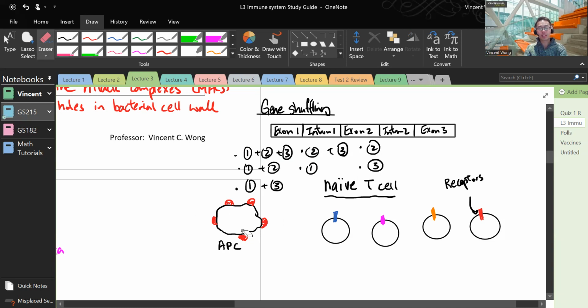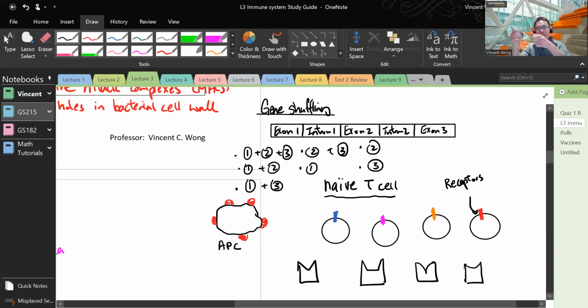It's just easier visually to see, but you can think of the blue one as having a triangle indentation, and the pink one might have half of a hexagon, and this one might have, I don't know, I'm just making this stuff up, and the red one is going to have a round shape. So it's actually shape that will be complementary to these foreign antigens. And of course, this semicircle won't fit here, so that's not the right cell. It won't fit here, that's not the right cell.